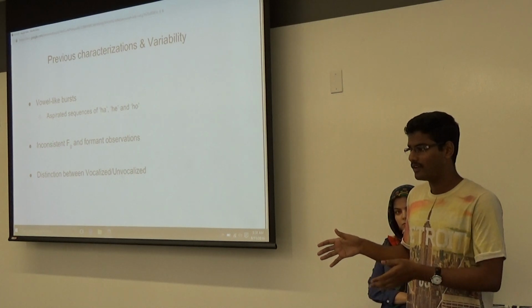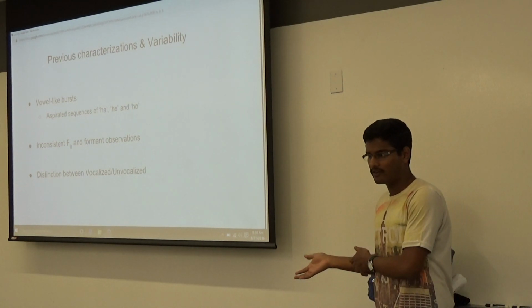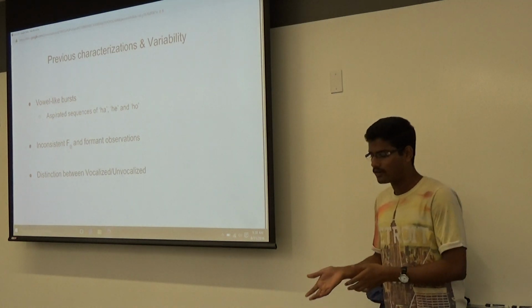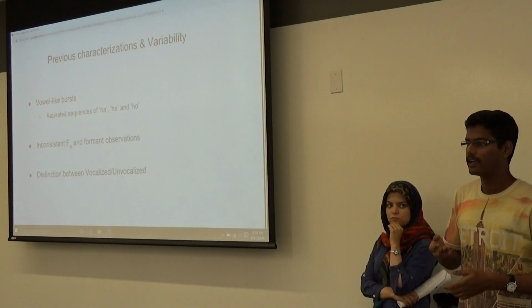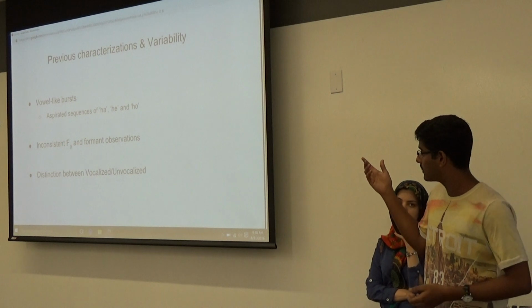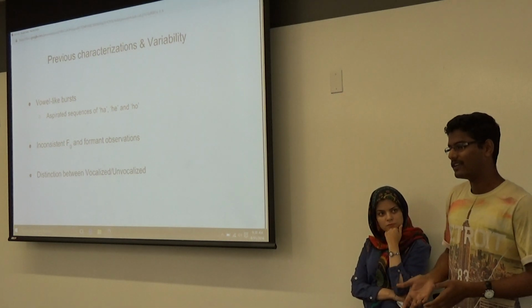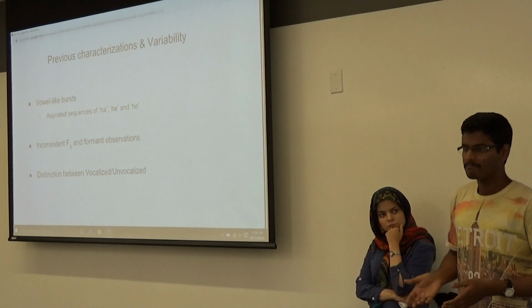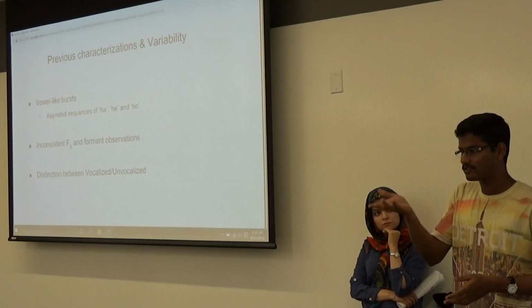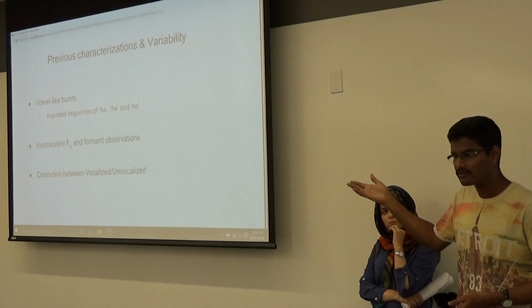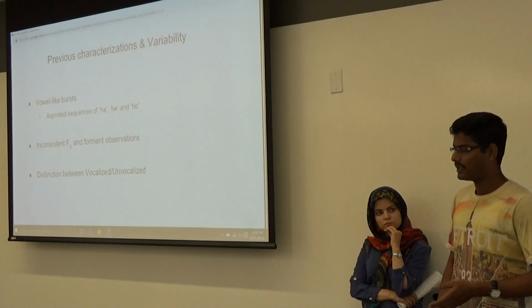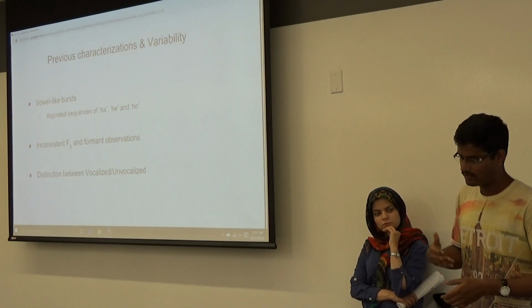But when tools for pitch, the F0 or fundamental frequency analysis, became available, it turned out it wasn't so consistent. People couldn't say how it evolved or what range of frequencies is present, so that view had to be discontinued.